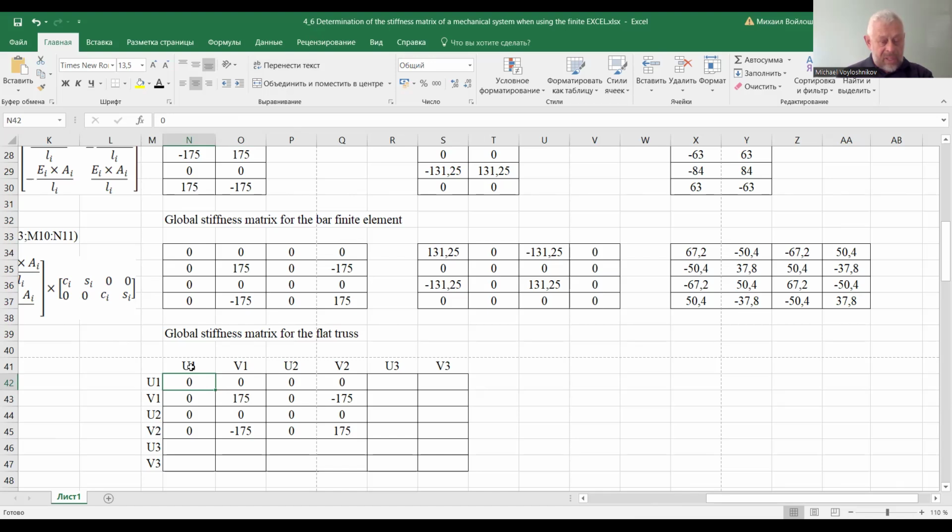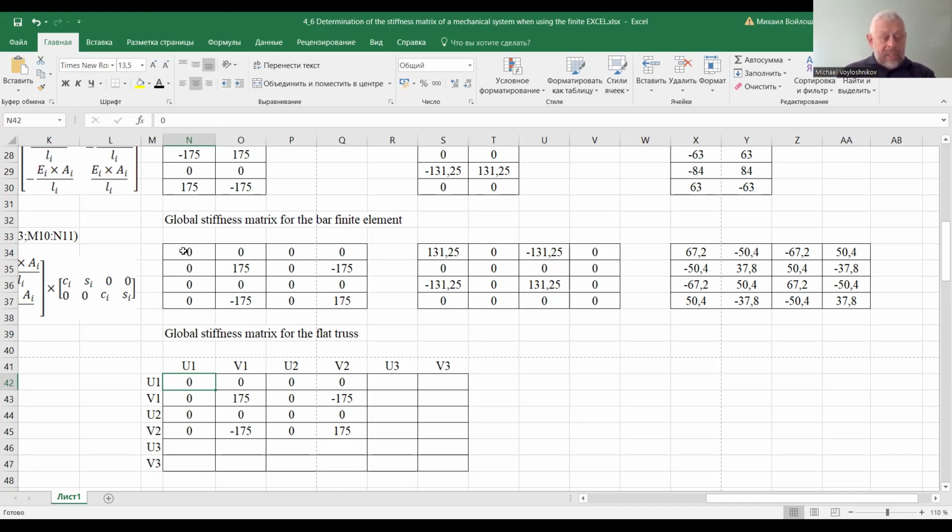U1 is the abscissa of displacement, V1 is the ordinate of displacement of the first node. Then this is the abscissa of displacement of the second node and the ordinate of displacement in the global coordinate system. This is the abscissa of displacement of the third node and the ordinate of displacement of the third node.